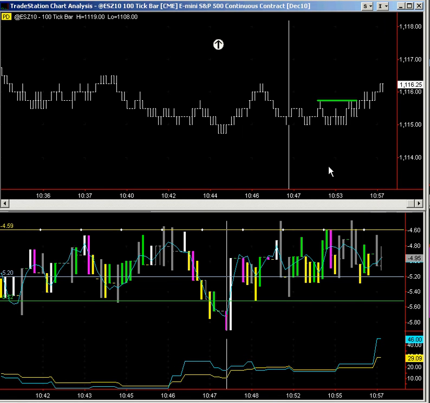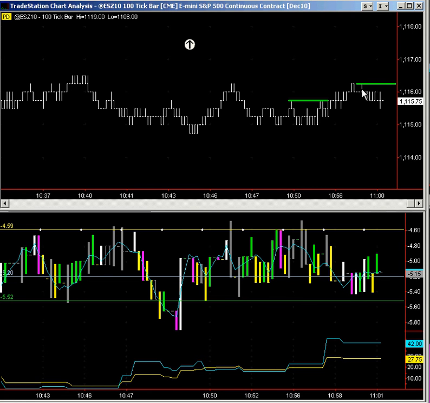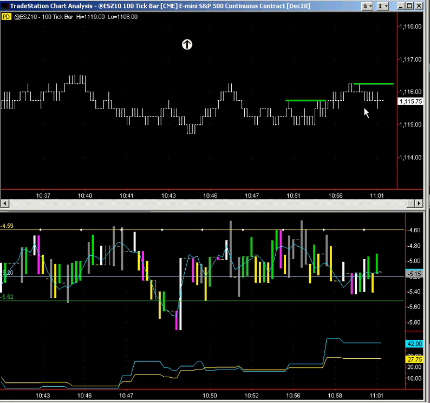Okay, possible setup bar for a drop. And what I mean by that is a setup bar that indicates a retracement back to this price. We would consider it set up if it continues to drop and we get our entry.